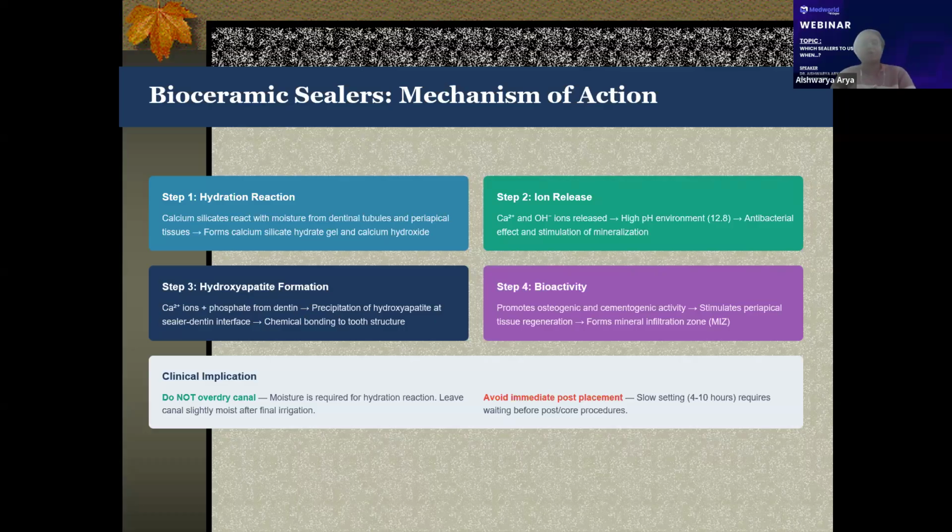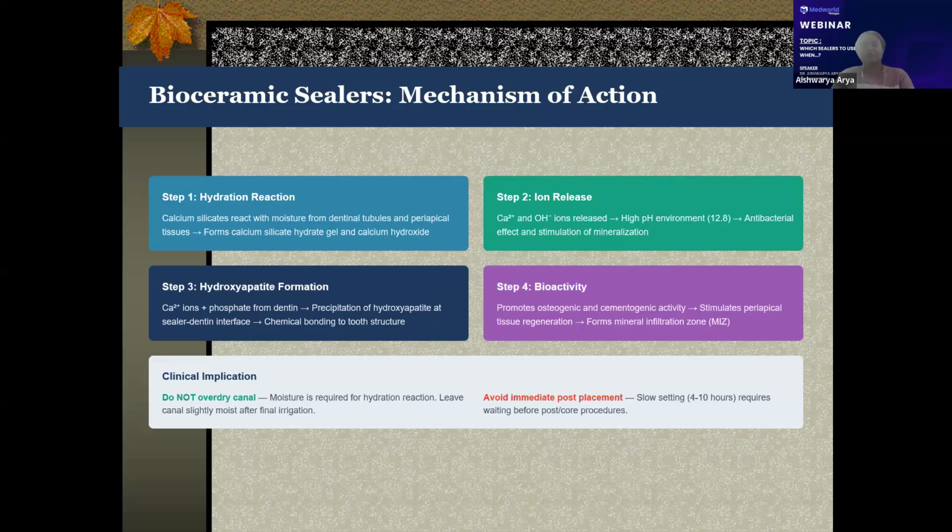Now, this acts as a chemical bonding to the tooth structure. That is exactly what we want. We don't only want a mechanical bonding, but we also want a chemical bonding when it comes to bioceramic sealers, helping in forming a monoblock technique. So we have the sealer, the gutta percha, and the radicular dentine. It diffuses into the dentinal tubules present in the radicular dentine and forms hydroxyapatite crystals with the release of calcium and phosphate ions.